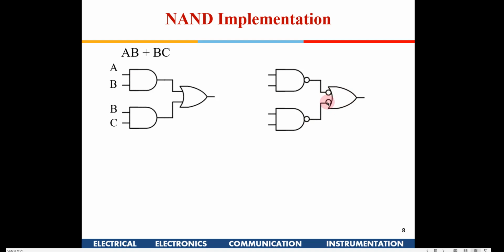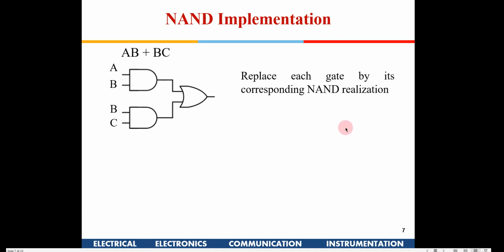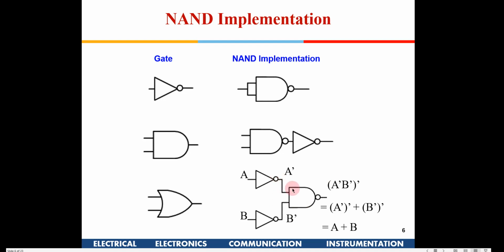What is that? An OR gate, and that I have not explained. If I put two bubbles at the inputs of an OR gate, that will again be a NAND gate. Because if you see here, for 0 0, it will become 1 1, and the output will be 1.